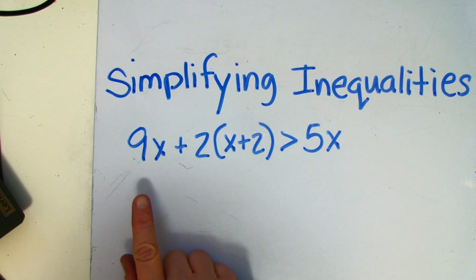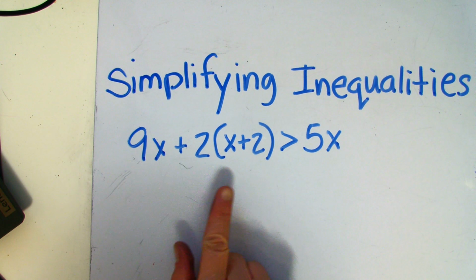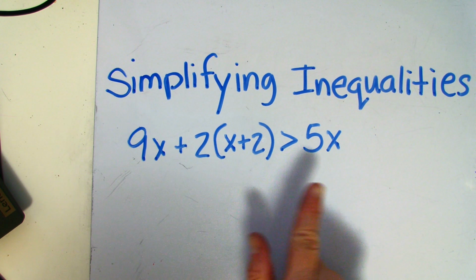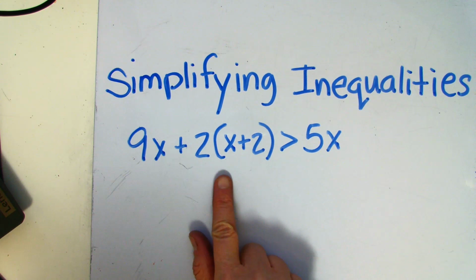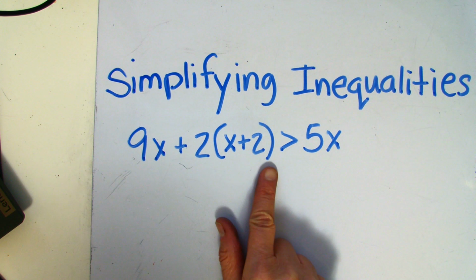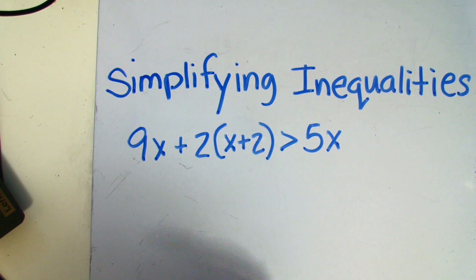Before I combine my x values or move my x's, I'm going to apply the distributive property. By doing so, I'm going to get rid of these parentheses, and that makes it easier for me to move things around.